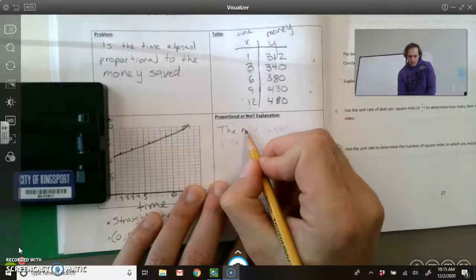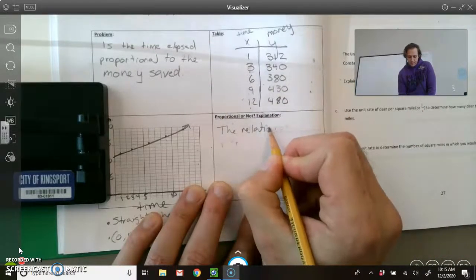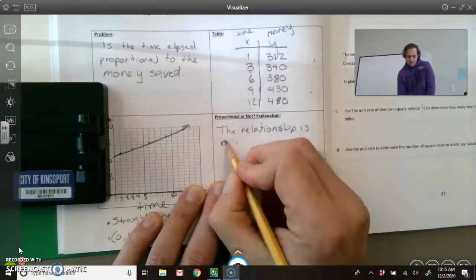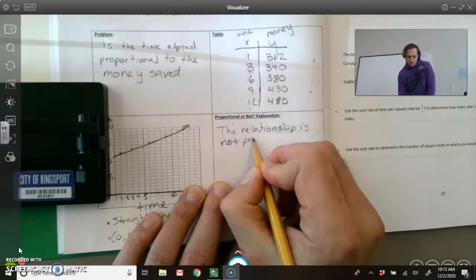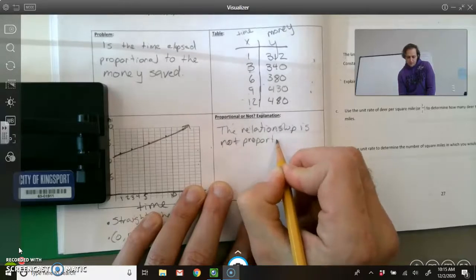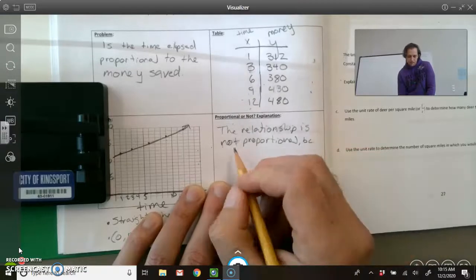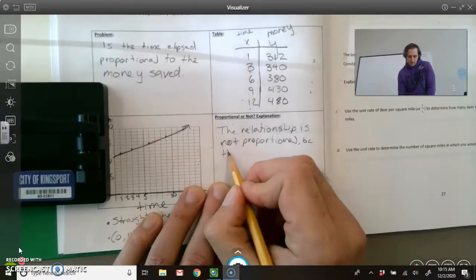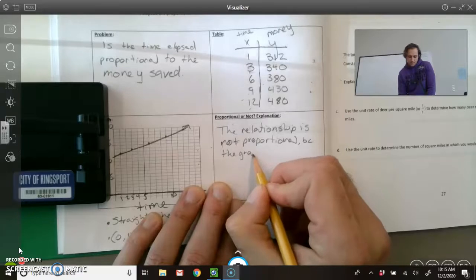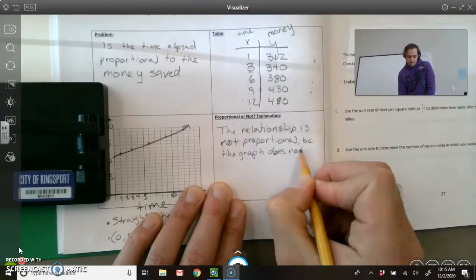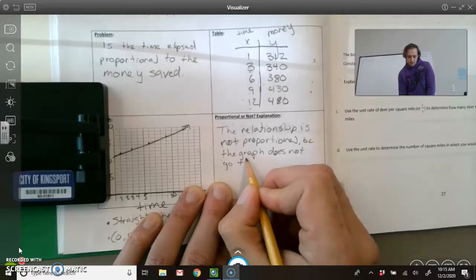The relationship is not proportional, comma, because the graph does not go through 0, 0.